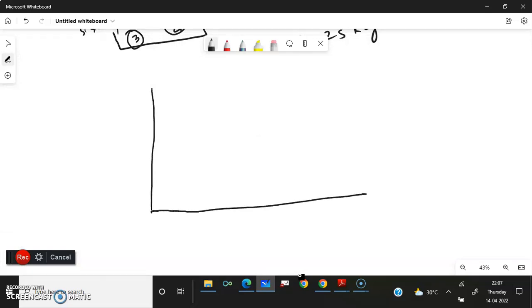Here I am going to take the number of observations, or the size of the sample, N. Here we are going to plot the mean x bar.